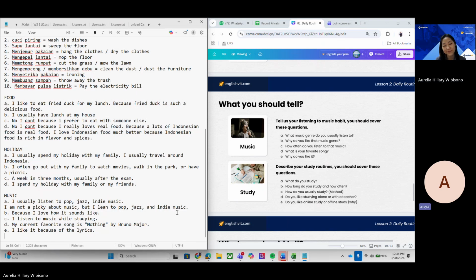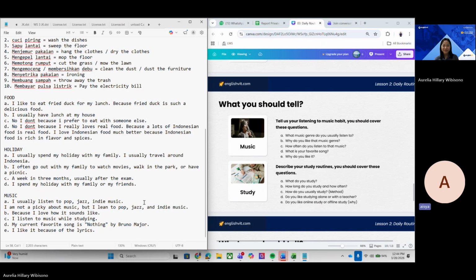For each genre kah? Yes. Okay, for the pop one, I guess I love Olivia Rodrigo so much or Sabrina Carpenter. No, I cannot. Okay, you cannot decide which one. Yeah, that's fine. What about jazz?